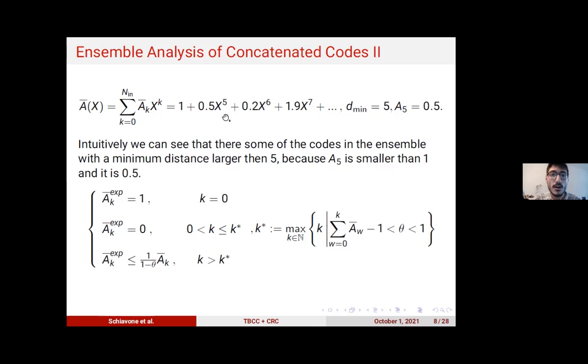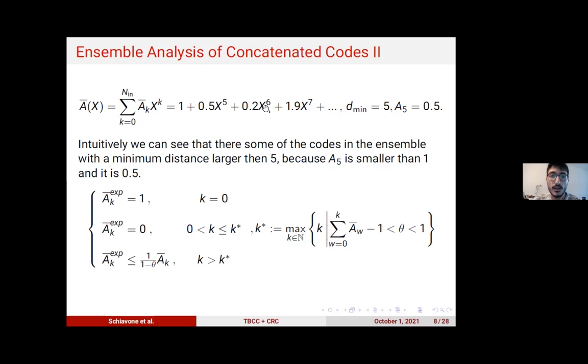Intuitively, the idea is that among all the codes here, there are some that have less than one code word of Hamming weight 5, and there are others that have Hamming weight 5. So it means also that there are codes in this ensemble that have a minimum distance that can be, for instance, 6 or 7.